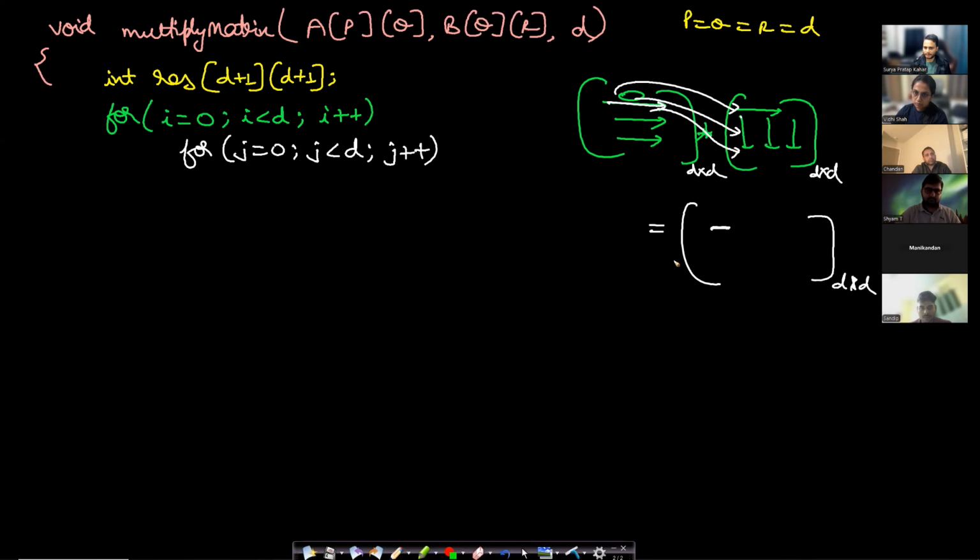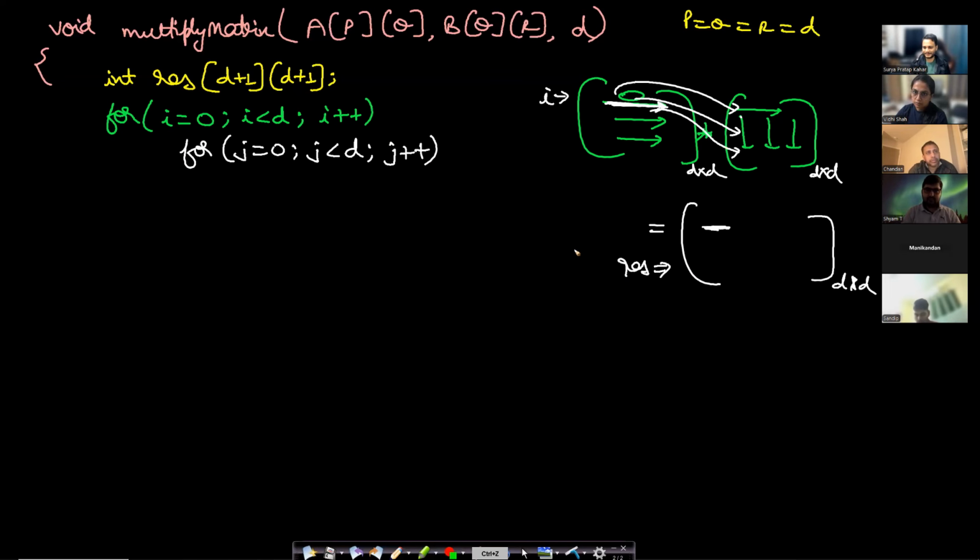So this matrix, I have named it as result. So if this matrix name is result, then which coordinate I am filling? It will be defined by the I coordinate here. Will it not be defined by I coordinate? Because for this row, I will be filling this row here.